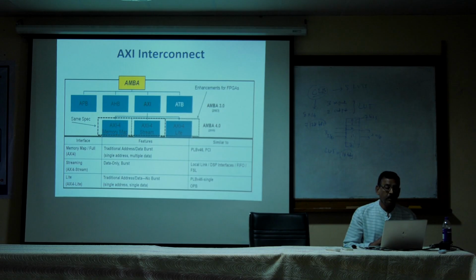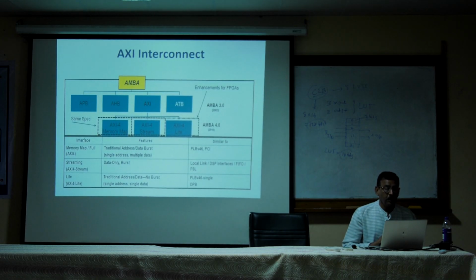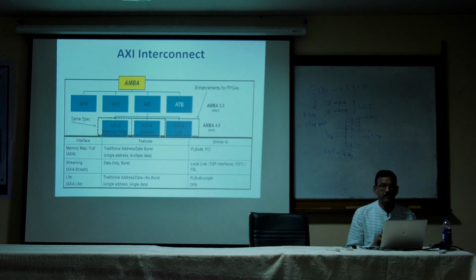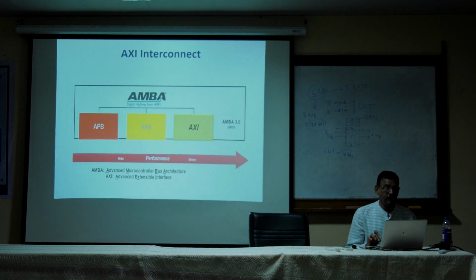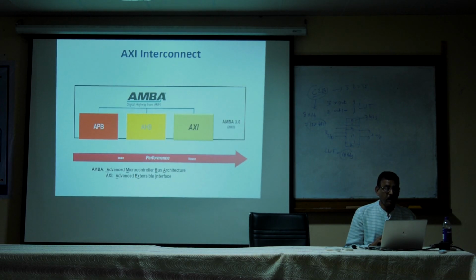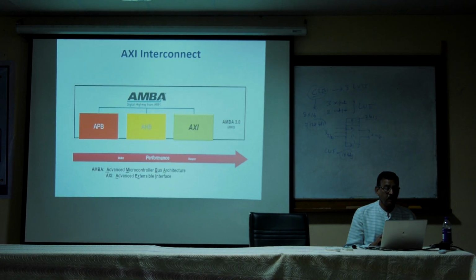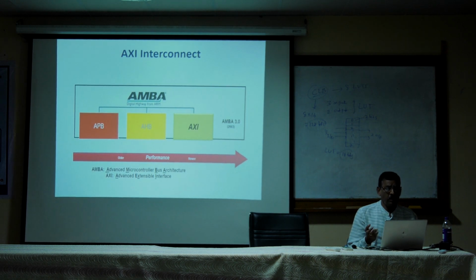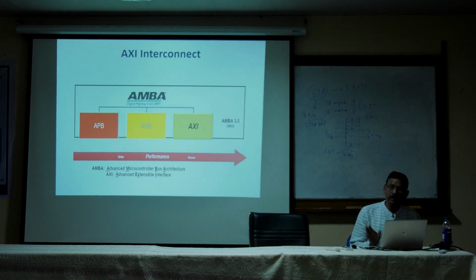AXI interconnects in AMBA: you see APB, AHB, AXI, ATB. In this, AXI again has 3 categories. What is AXI? I told you, this is the Advanced eXtensible Interface. APB is the Advanced Peripheral Bus, or AMBA Peripheral Bus. What is APB? Peripheral bus only.